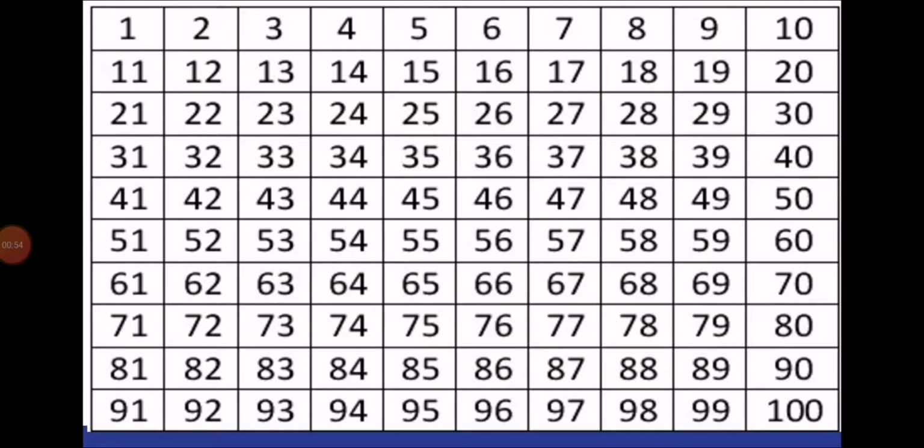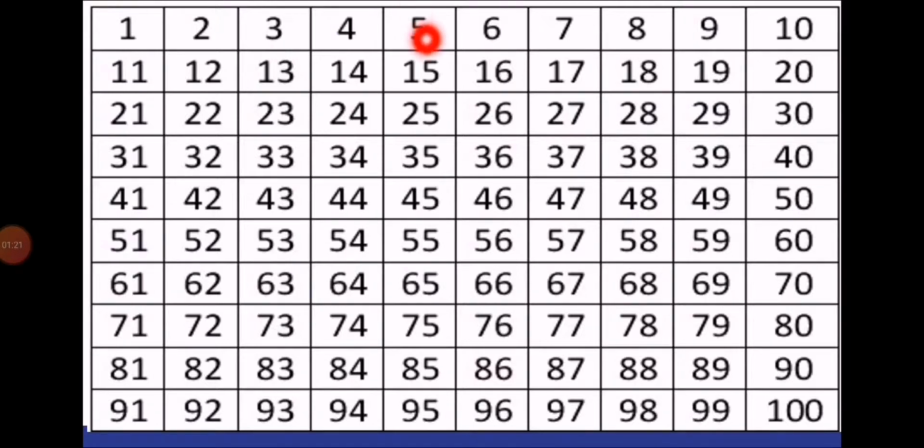So on the 100 square grid, when we are counting from left to right, we are increasing the number by 1. And from right to left, we are subtracting 1 each time. What happens if we count downward on a 100 square grid? Let's take a look.